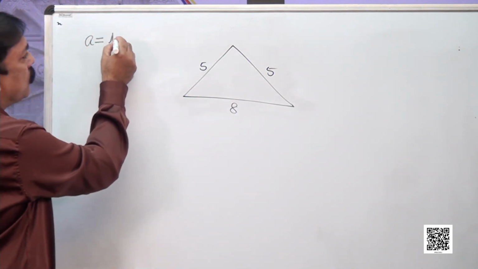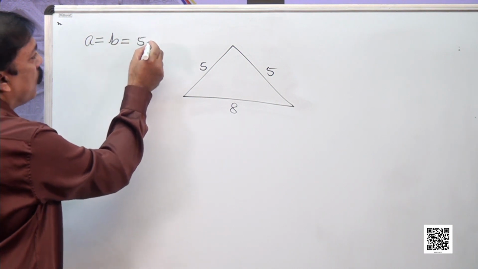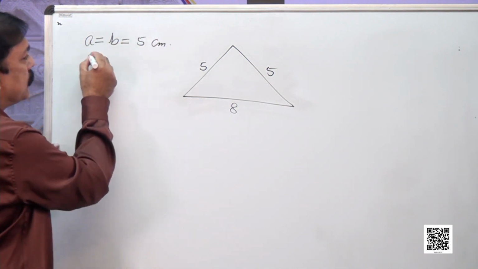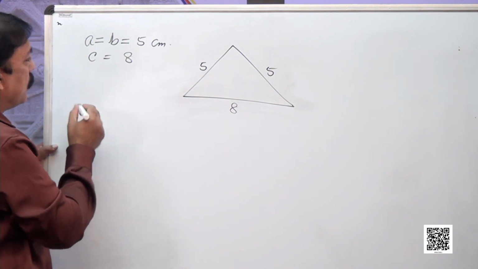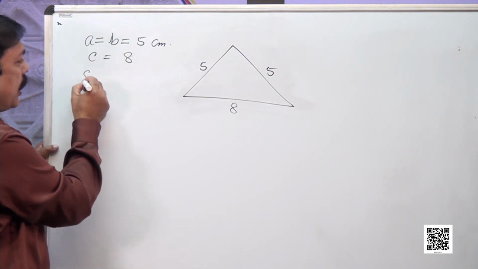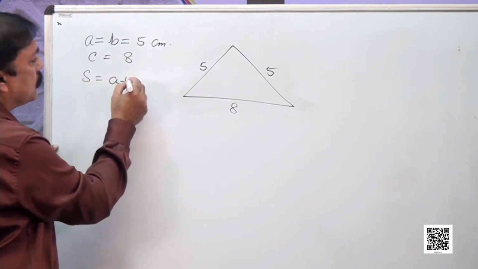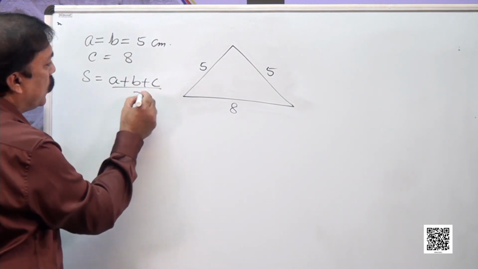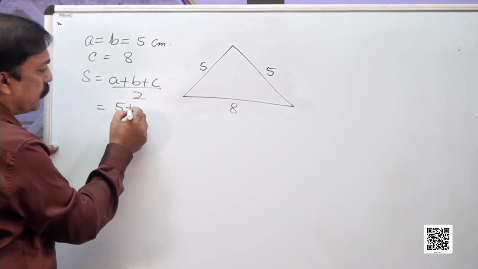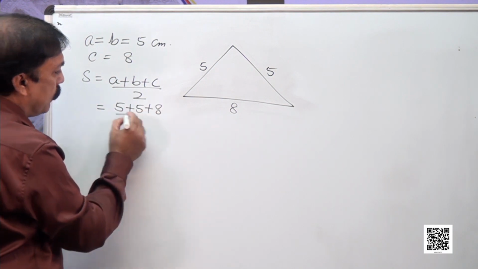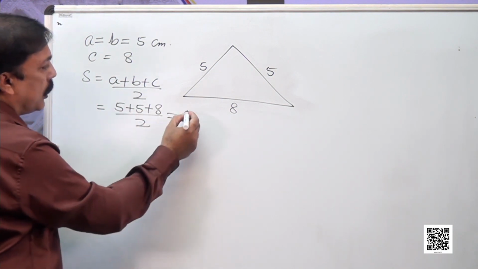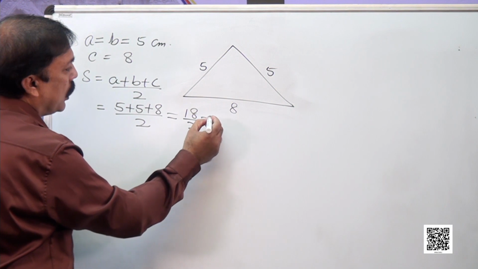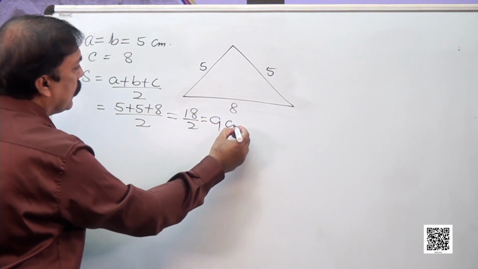So A is equal to B is equal to 5 centimeter and C is 8 centimeter. So S is equal to (A plus B plus C) by 2, that is (5 plus 5 plus 8) by 2. So here it is 18 by 2, that is 9 centimeter.